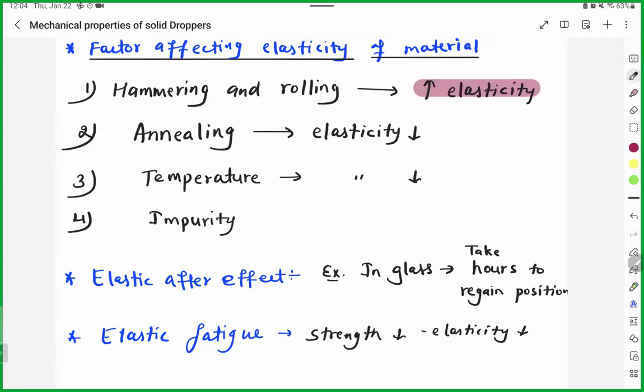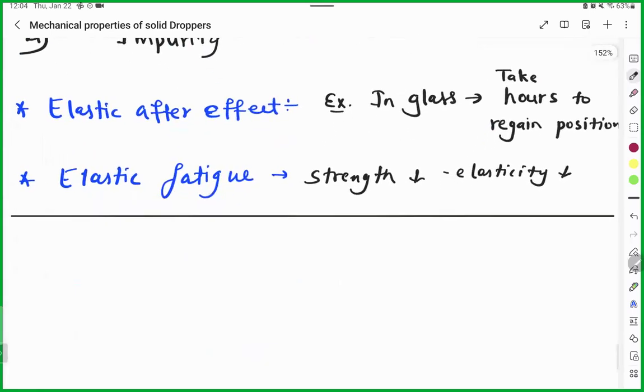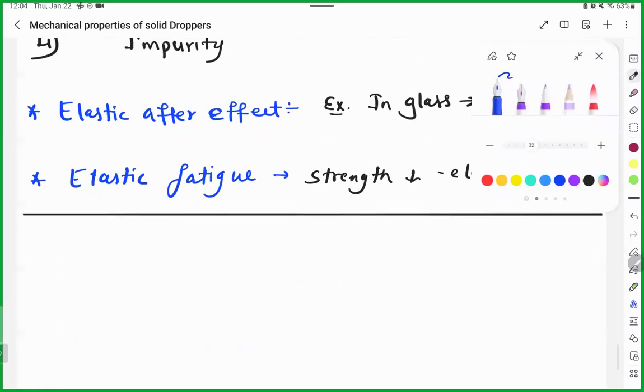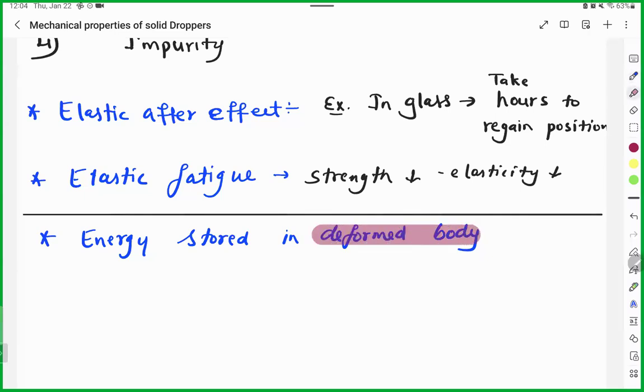Got it? Last topic: energy stored in a deformed body. It means when you are deforming the body, when you are applying external force, which energy will be there, Anvita?